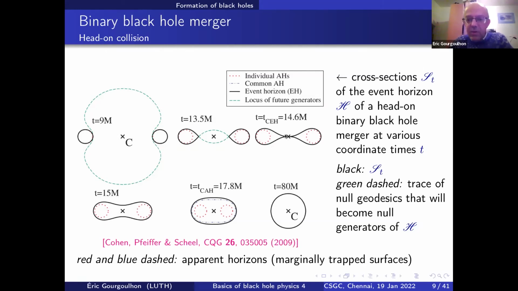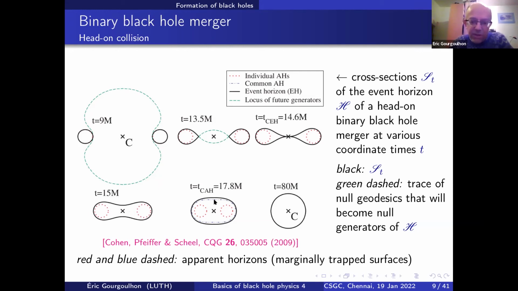And at some point, we have a common event horizon here, because the two event horizons, the two slices, or cross-sections as we call them, of the event horizon, merge at this point. And then we have a common cross-section here. But still we have marginally trapped surfaces which are not common.